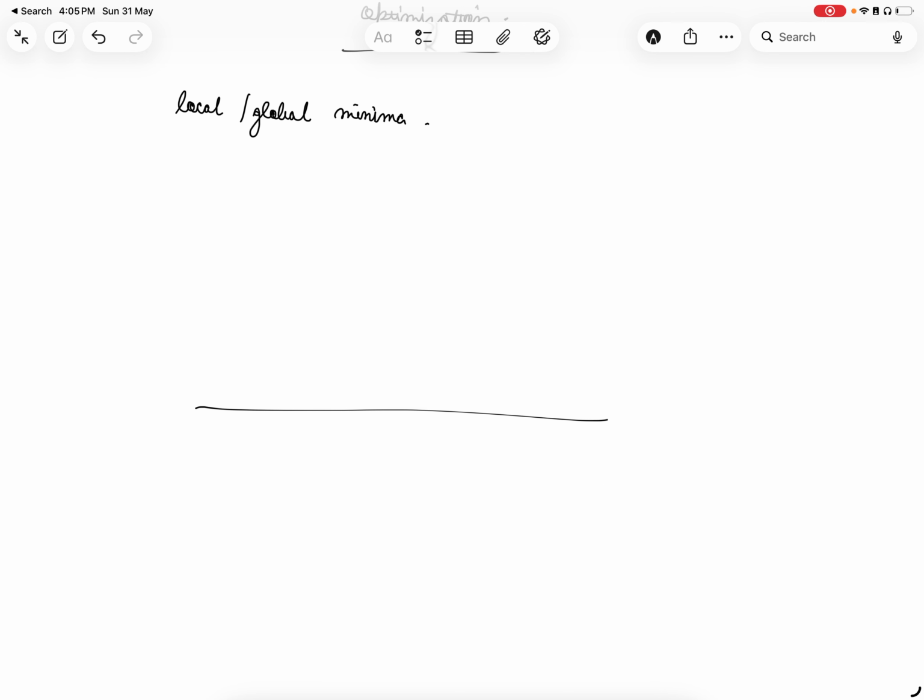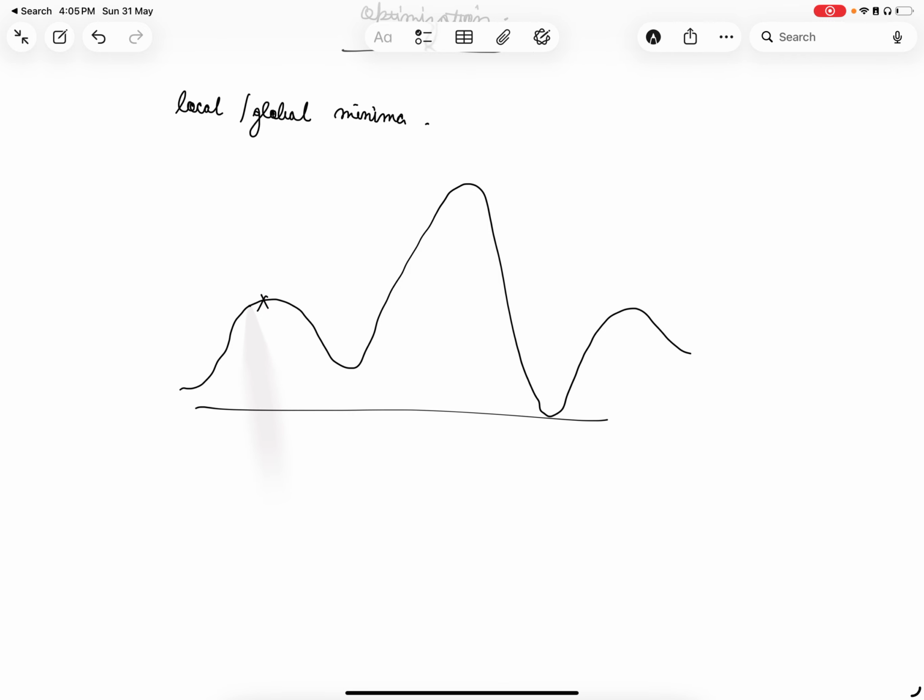Suppose this is the hill, we are somewhere here, and we are traveling from here to here. As we move along, we come to a point which is minimum, and we say that we have reached the minimum place in our landscape.